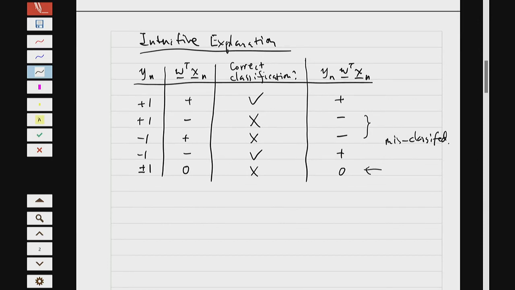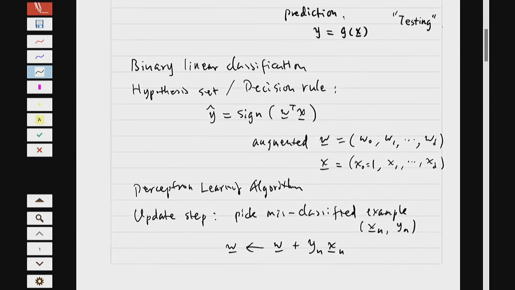Yes. When there's a match of the true label and the predicted label. Remember, this predicted label is y hat, and y hat is the sign of the product. You want the predicted label to be the same as the true label. Then it's a good match, then it's a correct classification.